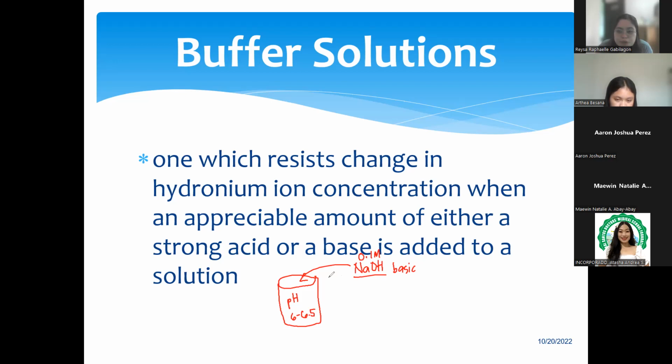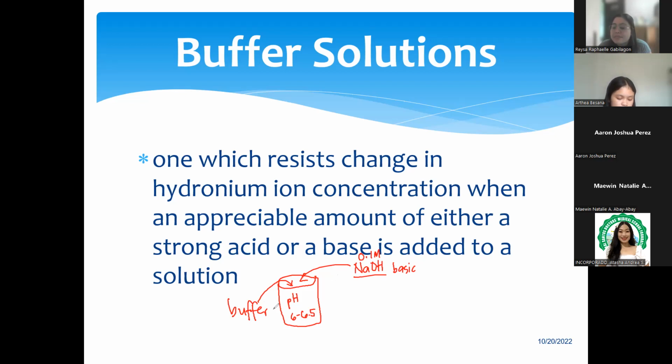Now, kung gusto mong hindi talaga magkakaroon ng drastic change in pH, dagdagan mo ito ng buffer. Okay, yan yung work ng buffer. So the next time you hear the word buffer or buffer solution, please know that it is a substance that will help your solution not to change in pH kahit na magdagdag ka ng either acidic or basic substances. Okay?